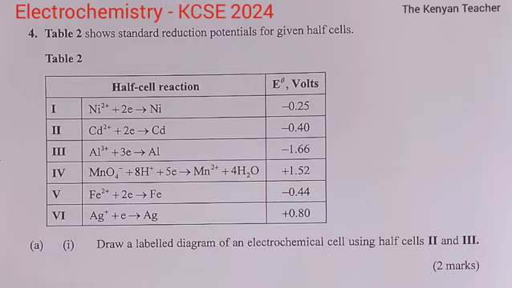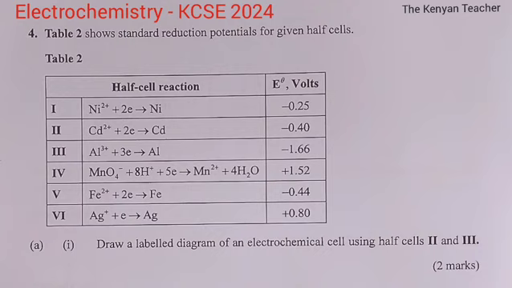Number 4, we have half cell that represents reduction of manganate 7 ions to manganese 2 ions, accompanied by positive 1.52 volts as read in the voltmeter. Number 5, we have reduction of iron 2 ions to iron, negative 0.44.